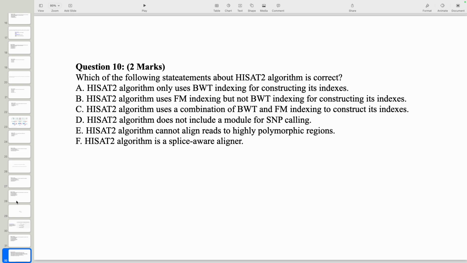Okay, so we have options C and F. Is there any other option that might be correct apart from C and F?